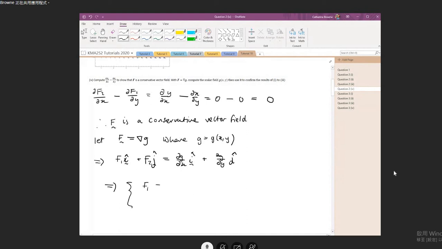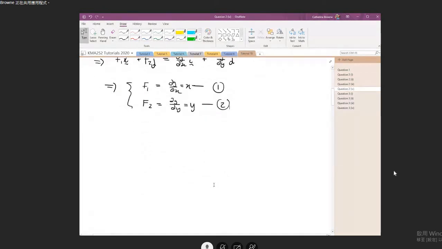So f1 is equal to dg dx and f2 is equal to dg dy. And so this is equal to x because f1 is equal to x and f2 is equal to y. So they're my two equations.